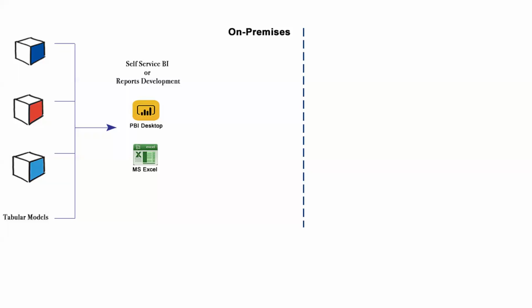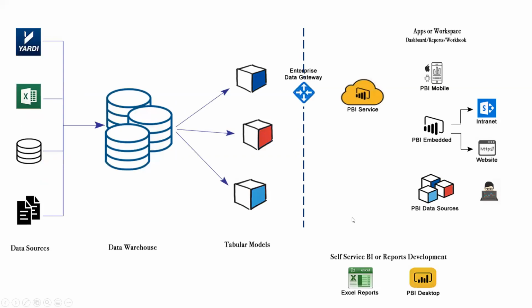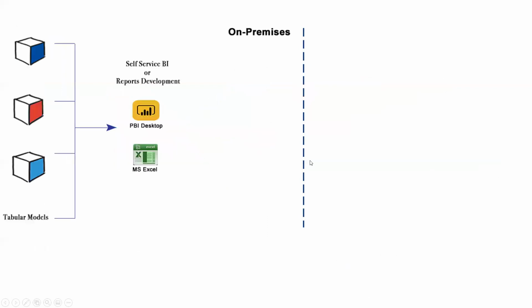To have a bridge between the on-premises application and the cloud application, we have the enterprise data gateway to refresh the data. On premises means your company has physical servers on premises. But cloud means all the services use pay as you go or another payment model, and all the services are in the cloud using a vendor company.